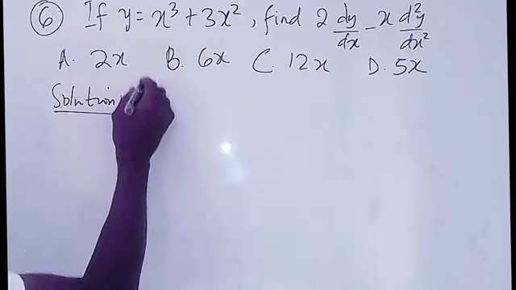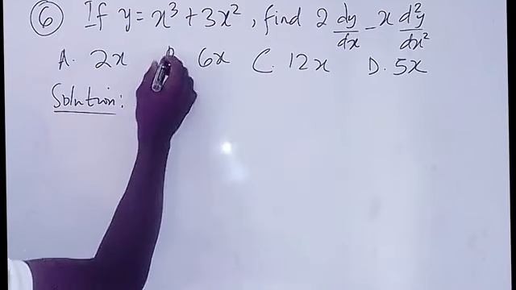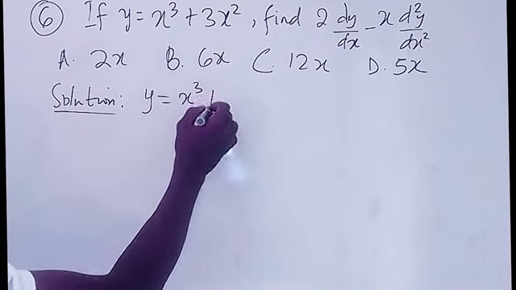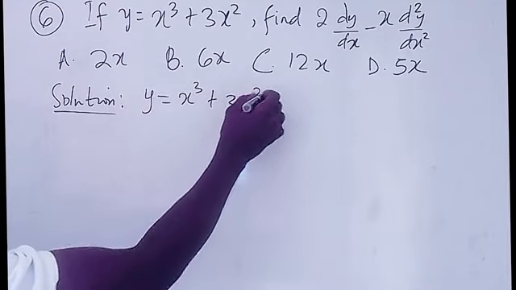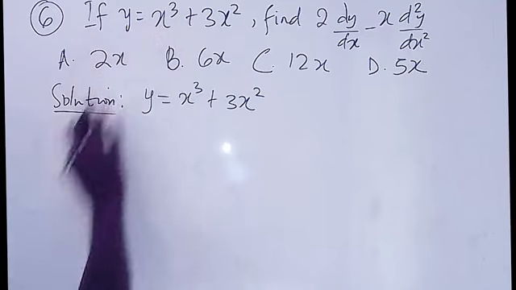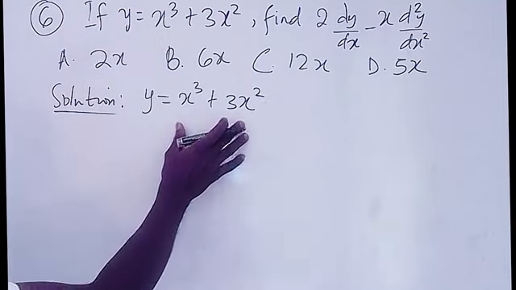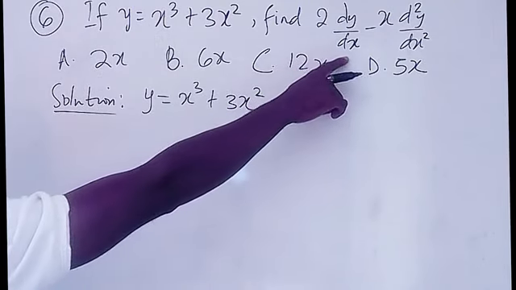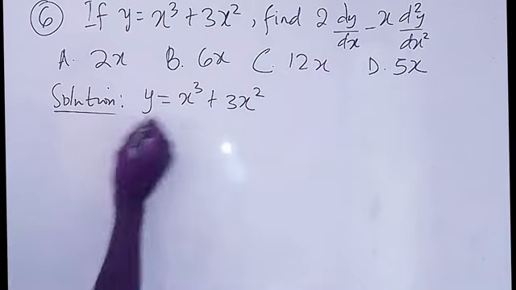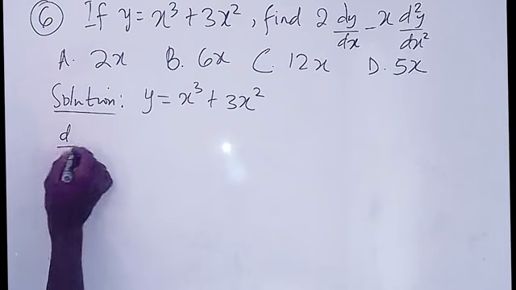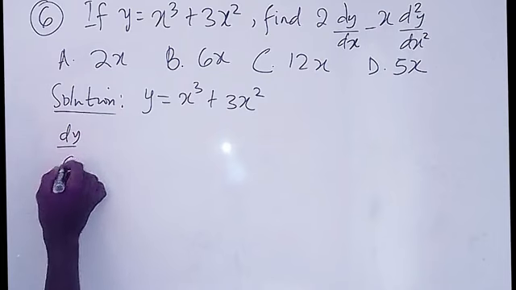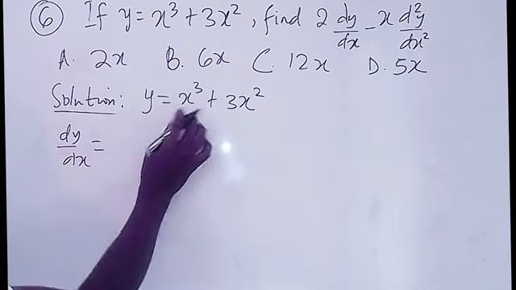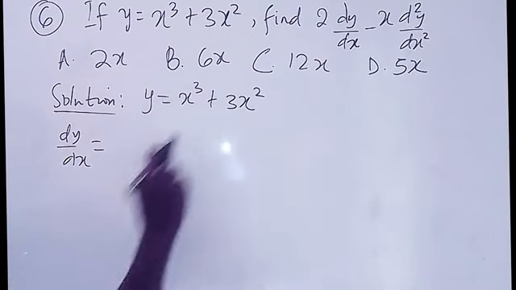I'm going to rewrite the function given to be x cubed plus 3x squared. So if y is this, the question said we should find dy/dx and d squared y over dx squared. To find dy/dx, we're going to differentiate each of the terms.